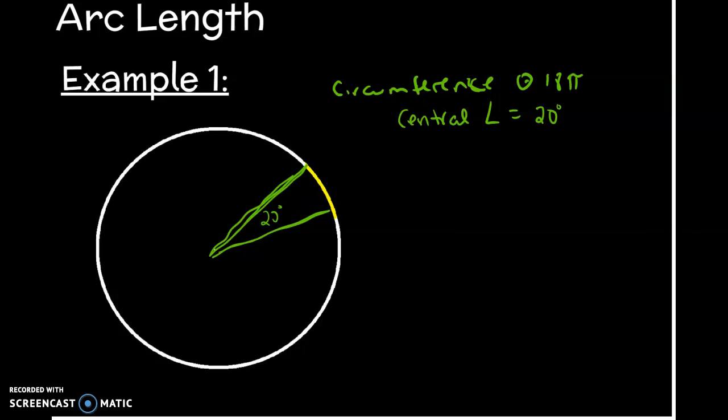Okay, and in order for us to be able to find that, we're going to do something very similar to what we did with the previous section for area of a sector. We're going to come up with a proportion. We're going to use what we already know about circles and our given information to come up with what we're looking for, which in this case again is arc length. And so our proportion, which is again two ratios set equal to one another, is going to be the arc length, which is what we are trying to find, over the circumference.